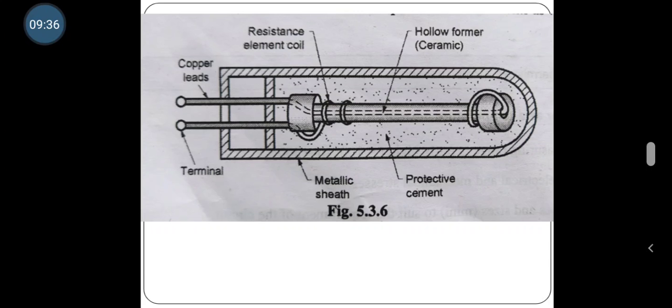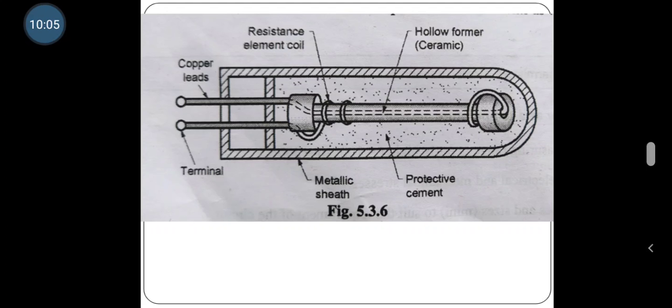Operating range of the platinum is from 4 Kelvin to 1064 degrees Celsius. For measurement of temperature range up to 600 degrees Celsius, nickel RTD sensors are used. For lower temperatures below 100 degrees Celsius, copper is suitably used.